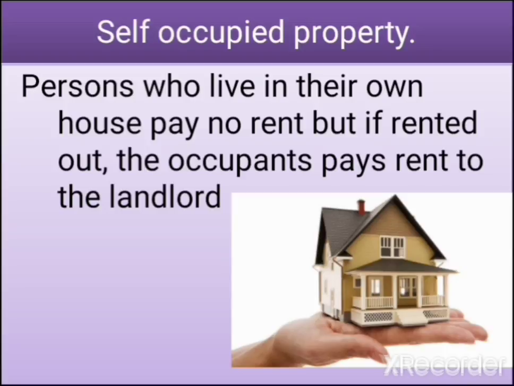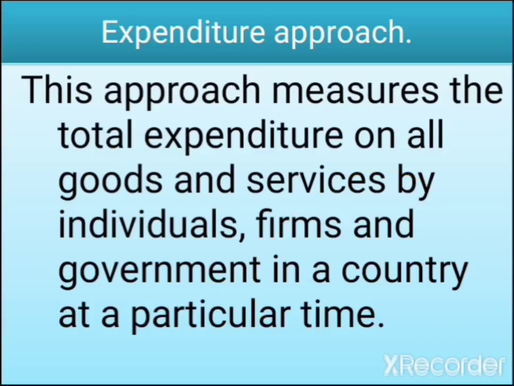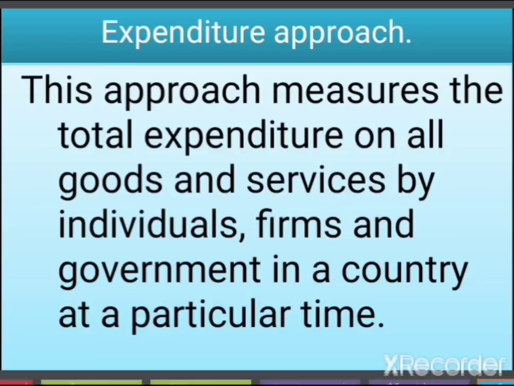But since you are staying in your own personal property, you don't pay rent, and since you don't pay rent, that value for the rent will not be captured in the income approach. So those are some of the limitations of the income approach.